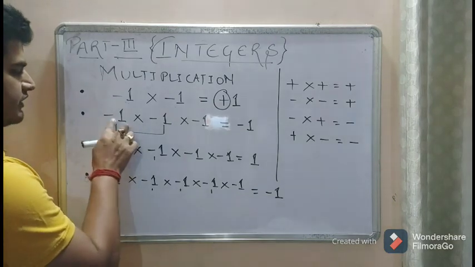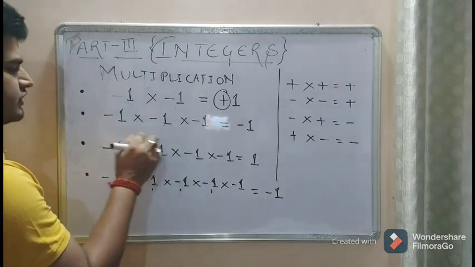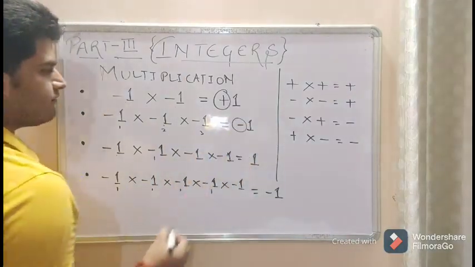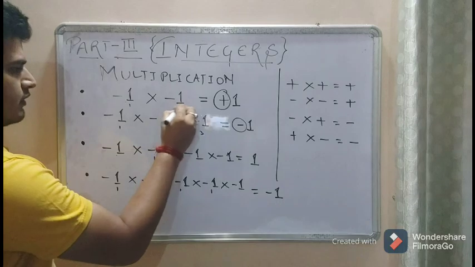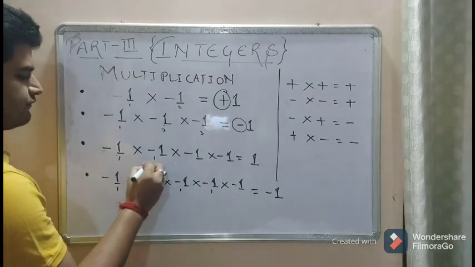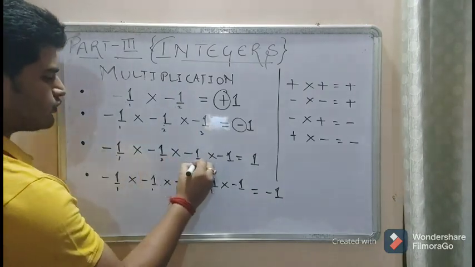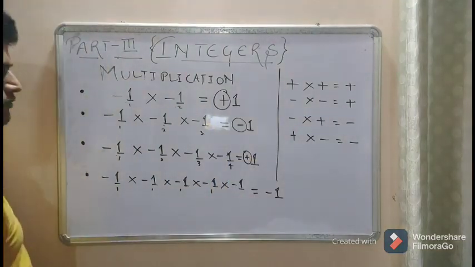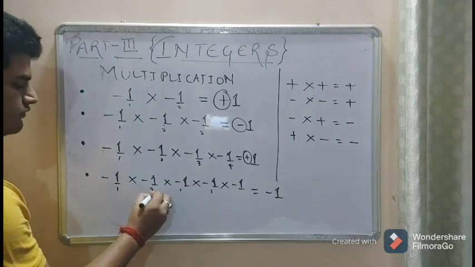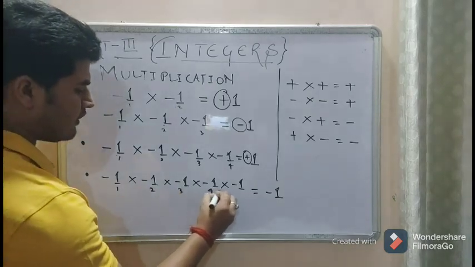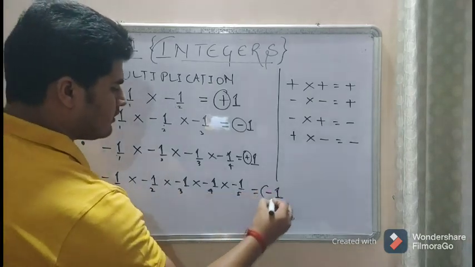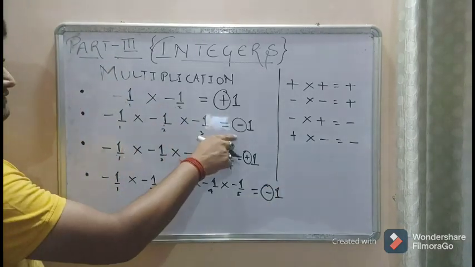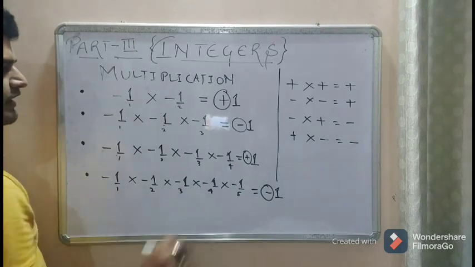When it was taken 3 times, 1, 2 and 3, the output was negative. Again when the negative sign was taken 4 times, the product was positive. When it was taken 5 times, the product was negative. So 2 times positive, 3 times negative, 4 times positive, 5 times negative.